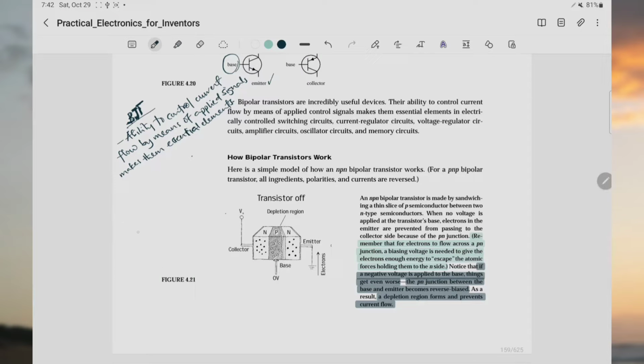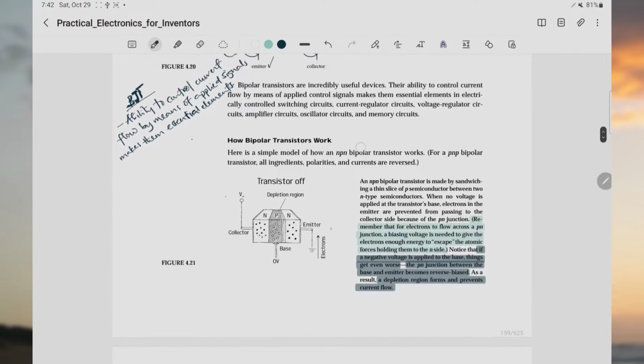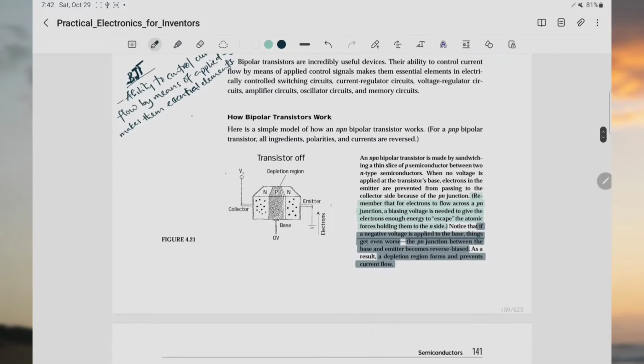Let's come here. So how does this bipolar junction transistor work? You should know that for electrons to flow through a junction, there must be an applied voltage. There must be an applied voltage to give them the energy they need to move from this point across the junction to this point.